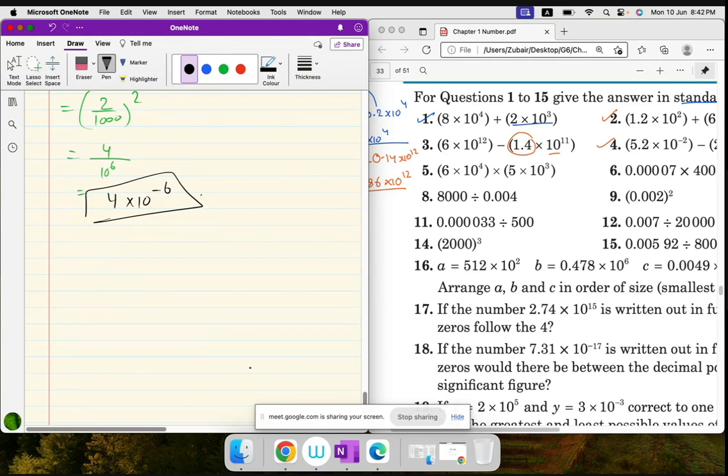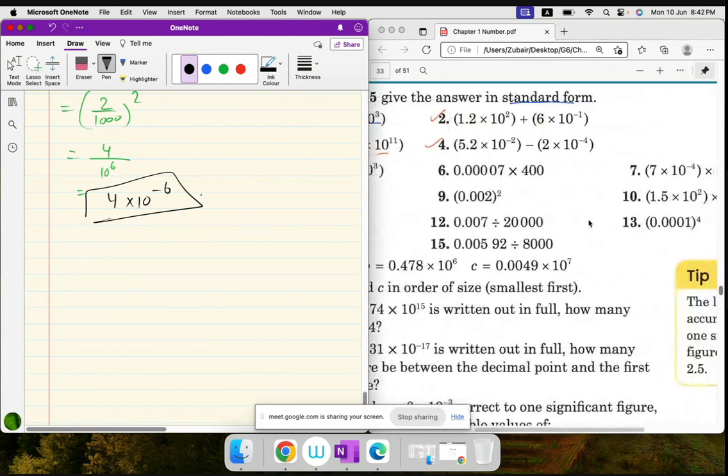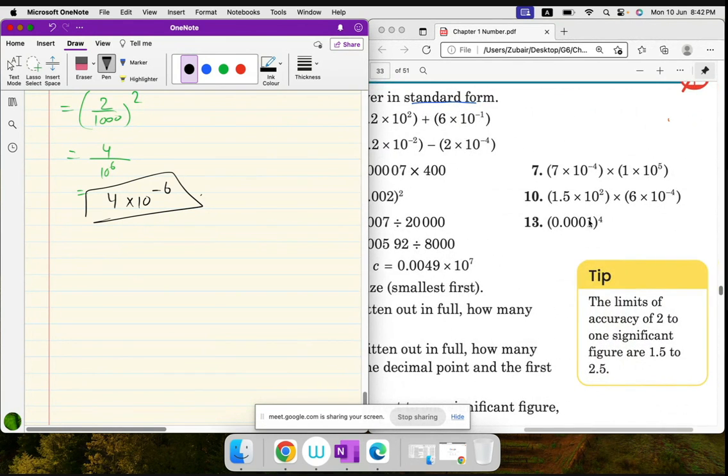Okay, question number 10. 10 is simple. 1.5 times 10 raised to 2 times 6 into 10 raised to minus 4.